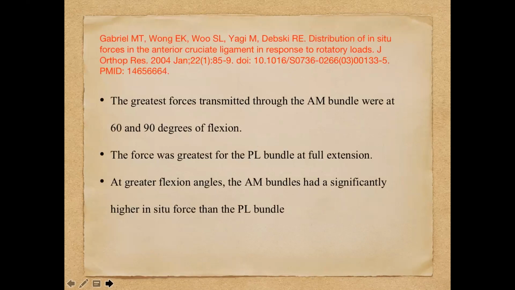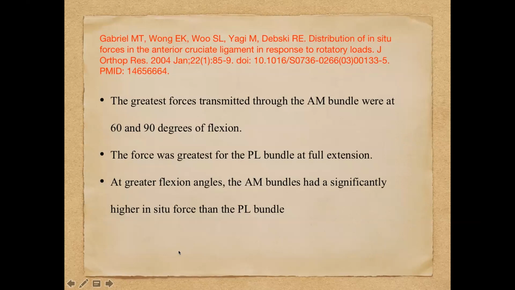A study done by Gabriel et al. in 2004, published in the Journal of Orthopedics, tested an anterior tibial load and a combined rotatory load applied to the medial side of the knee, stressing the valgus angle and the internal tibial torque, to test the allocation of force between the PL bundle and the AM bundle, using a robotic testing system in 10 cadaveric knees.